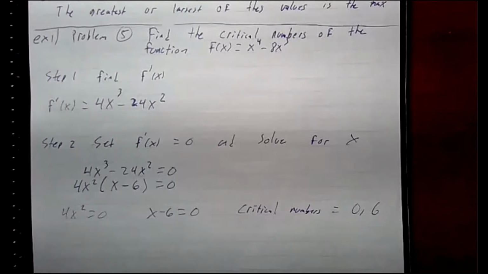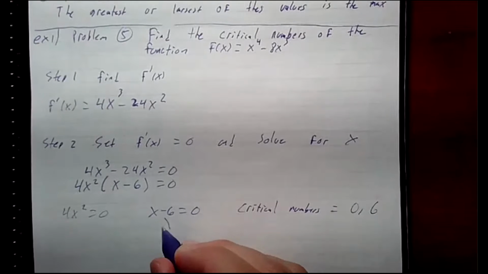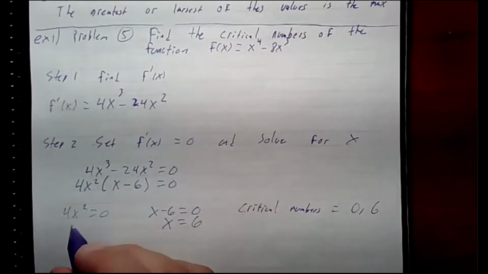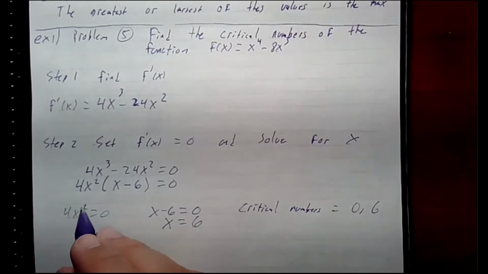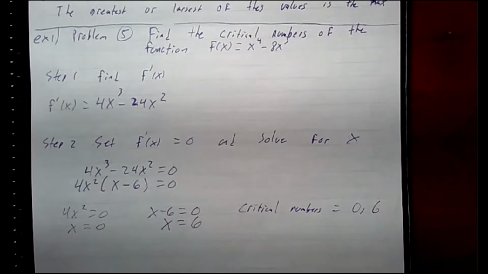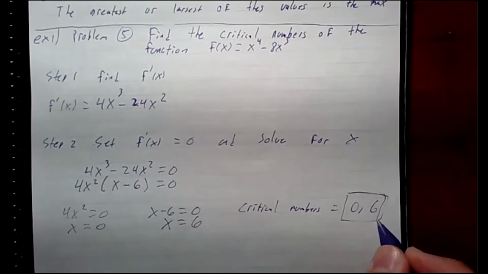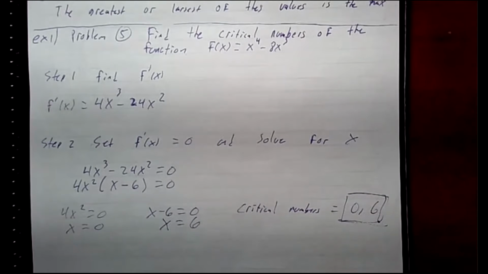So how did you come up with the 0 and the 6 as the critical numbers? Well, if you move the 6 over, you get x equal to 6, right? And then the only way this will be 0 is when x is 0. That's where these come from. Does that answer your question or no?